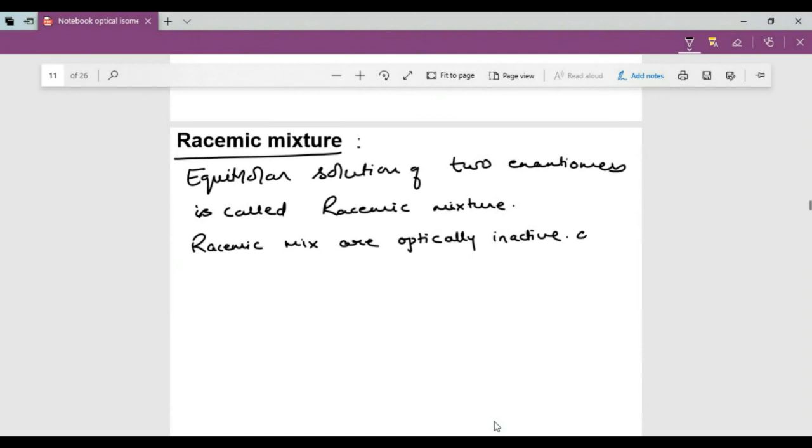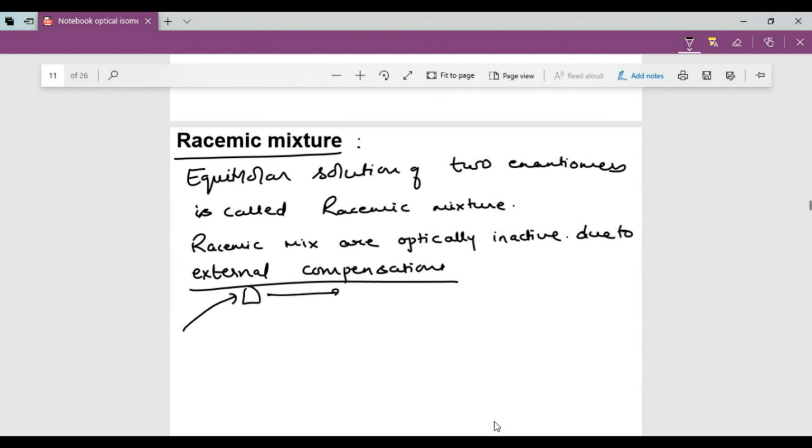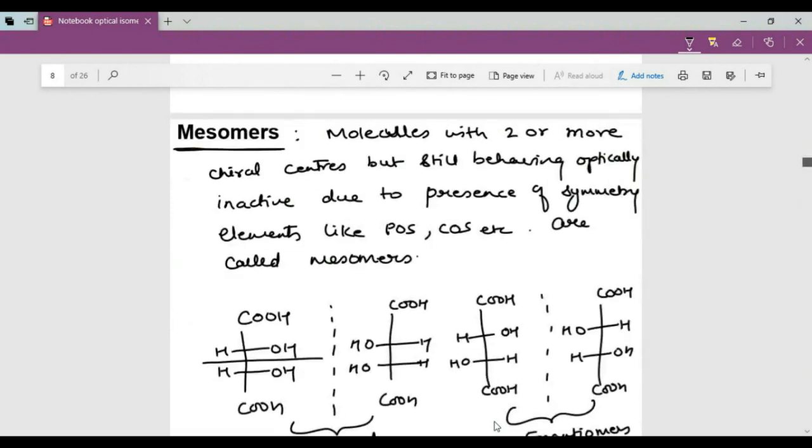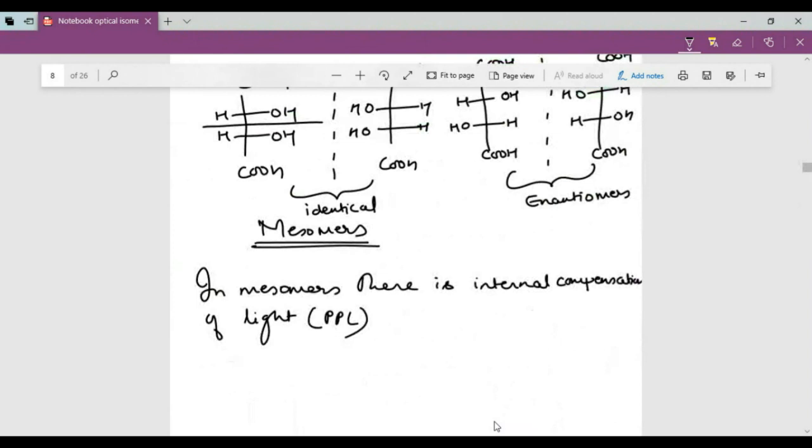But why? Due to external compensation. The word external, because the light moved into one molecule first and had some effect, but when it moved into another molecule the net was zero. Whereas in a mesomer it was internal compensation, because for the net effect it didn't have to go outside the molecule.